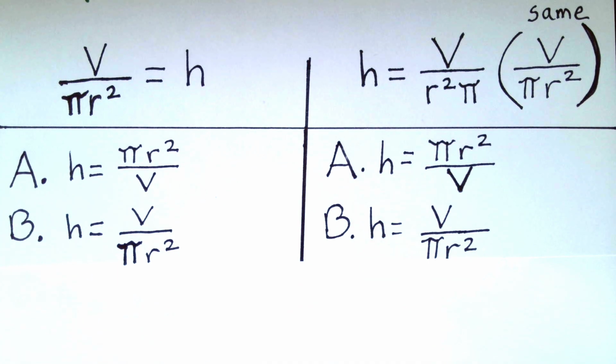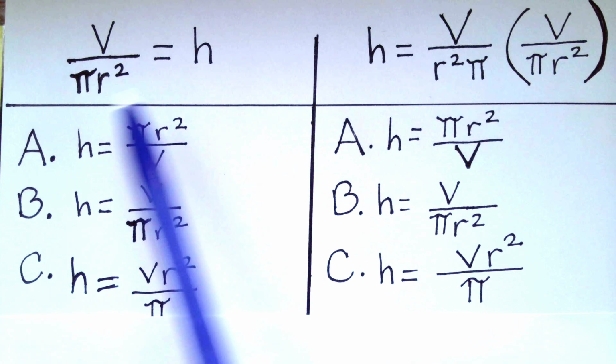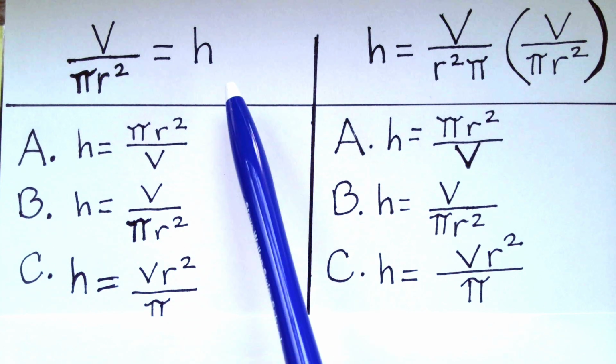But let's just take a quick look at C and D so you can get a full understanding of this test question and the options. Here's option C. On the left side, again, H is equal. That's the option they give us. If we would have solved just using the formula, H would have been on the right side of the equal sign.